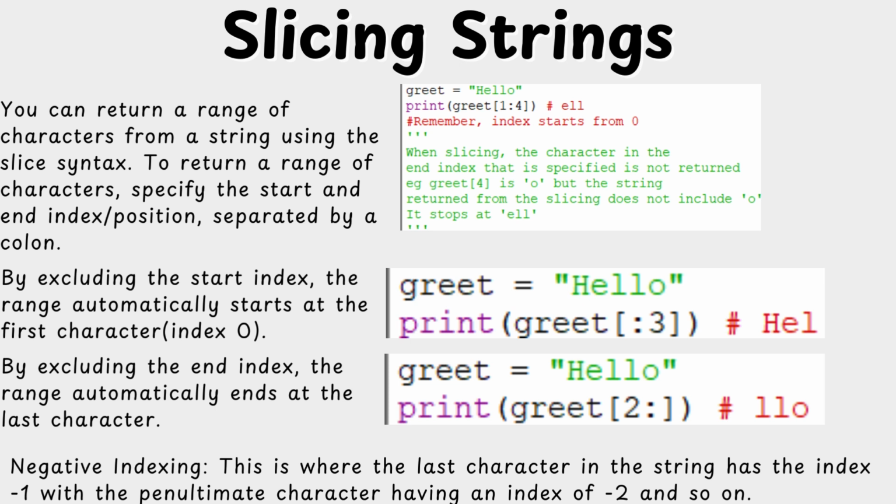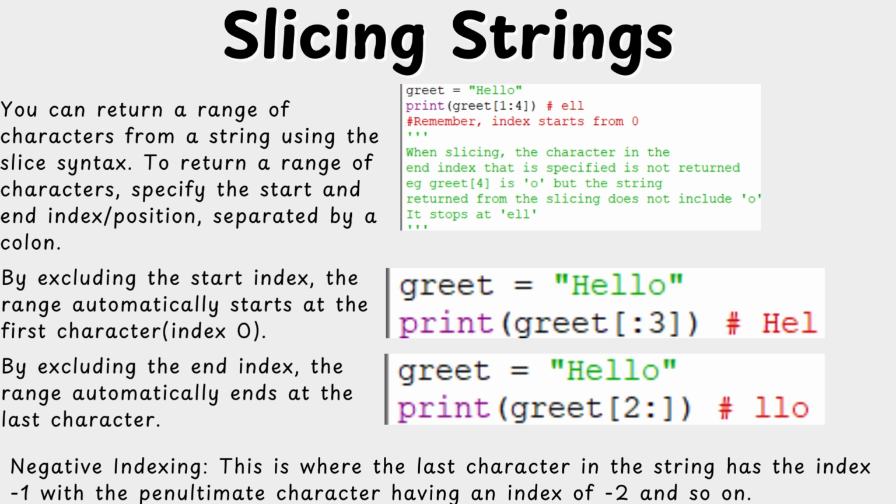Now, by excluding the start index, the range automatically starts at the first character with the index of 0. So if I just put colon and 3, it automatically starts from 0. So that means it goes from the start of the string to the number before the end index.